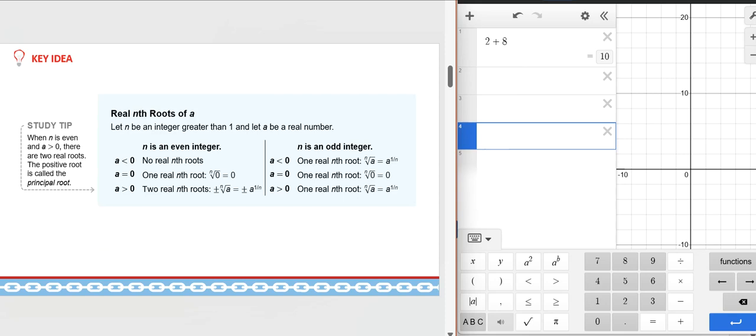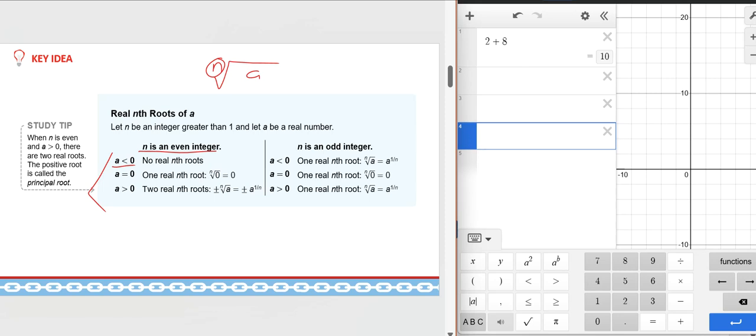So, real nth roots of a. What we are looking at here is the difference based on our n value. Here we have n, and a goes underneath. If we have even n values, there are 3 different things that can happen. If you have an a that is less than 0, there is no real nth root.